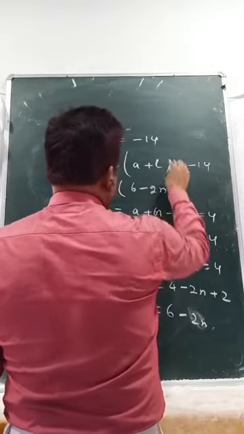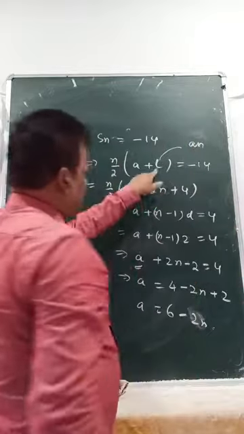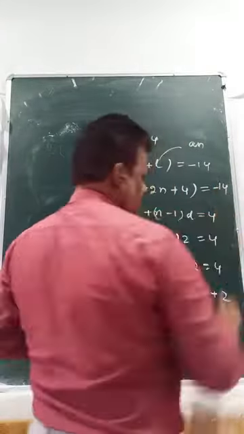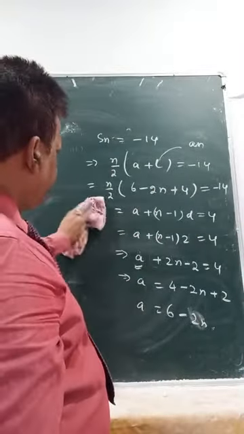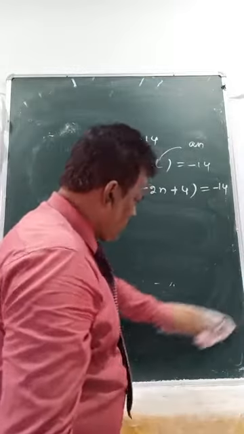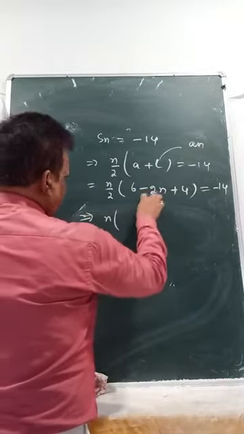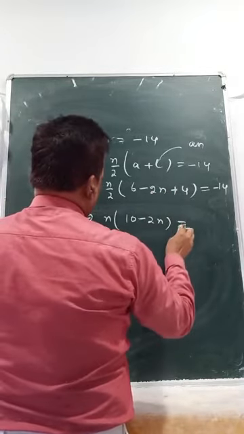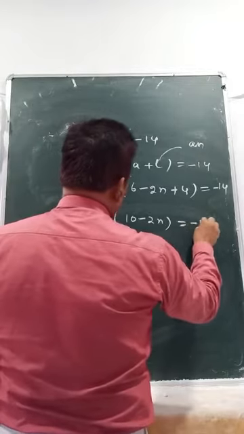Equals minus 14. So how to solve? Take this 2 to that side. So n into, this is 10 minus 2n, or write n by 2, equals minus 14.